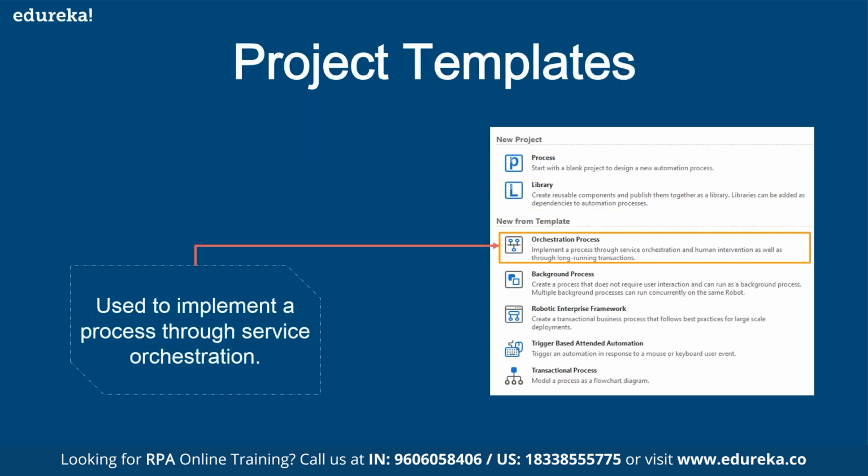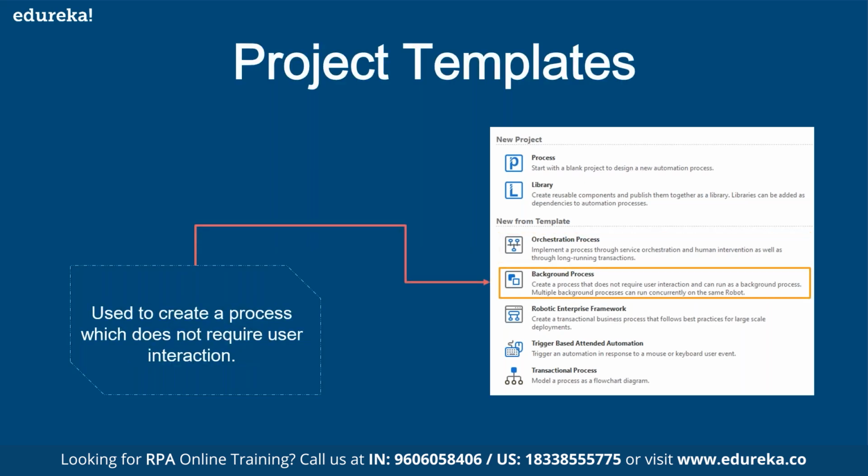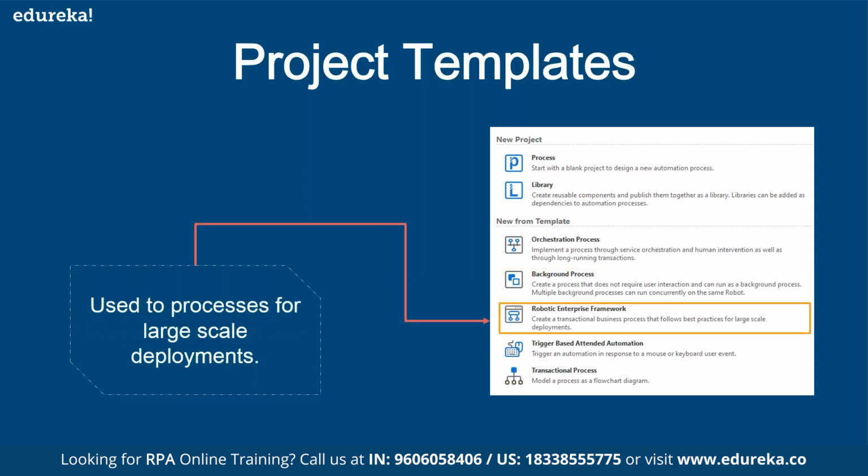Then orchestration process is used to implement a process which will run through the Orchestrator service. What is Orchestrator is a completely different topic from this webinar. That is an in-depth topic, right? Then background process: a process that doesn't require any human intervention can be called a background process, and that can also be implemented. And as I said, I have emphasized this point because this is very important.